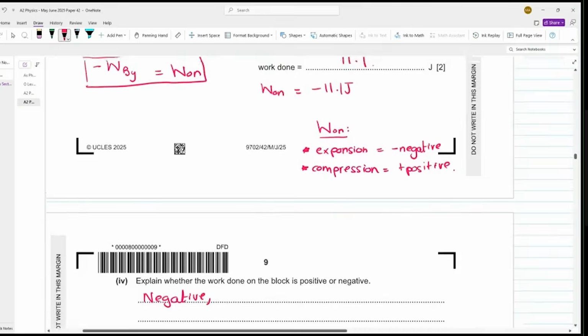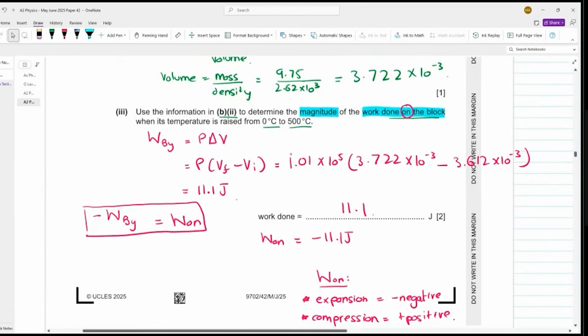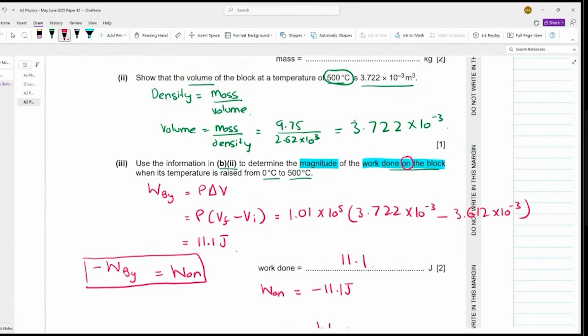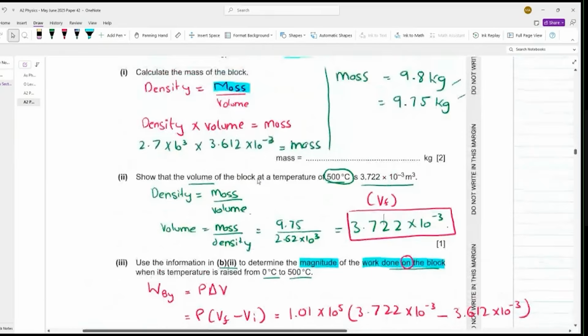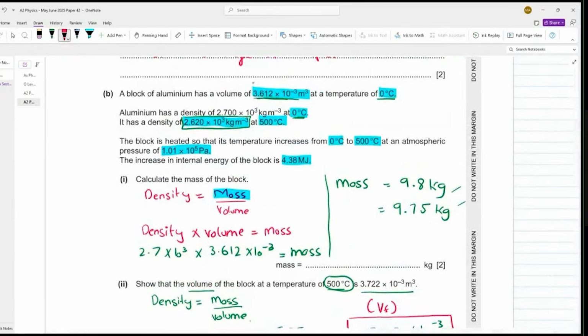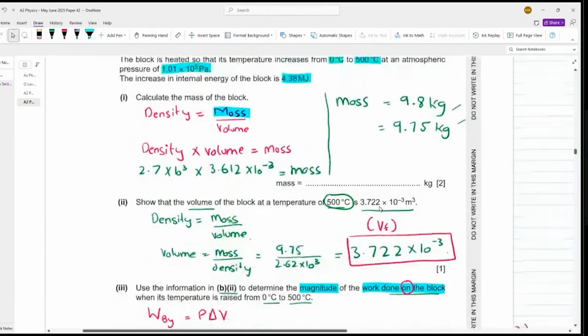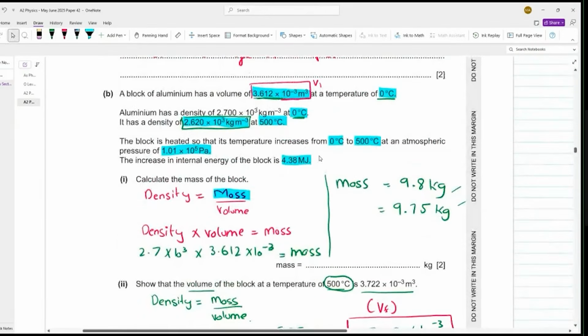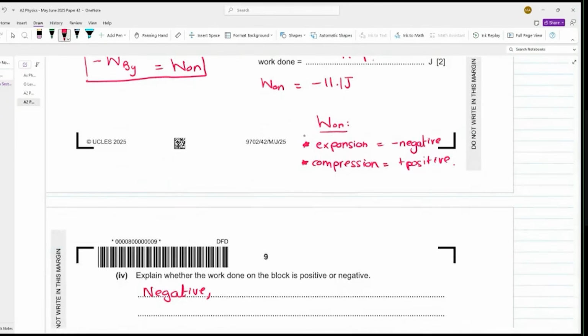Now, if you realize a little, what is your final volume? This is your final volume, 3.72. What is your initial volume? Your initial volume is this, 3.612. Can you realize your volume has increased? Final volume is much greater than the initial volume. If that is the case, you are undergoing expansion. Whenever you are undergoing expansion, your work done on the gas will always be negative.